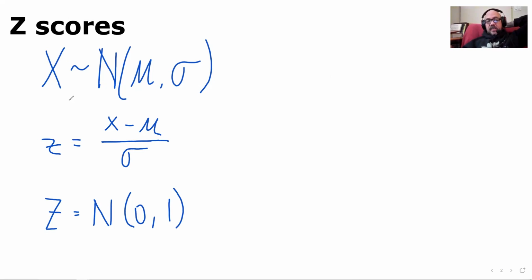So little x is one element in big X, and when we find its z-score, we turn little x into little z, and then big Z is N(0,1). It's the standard normal distribution.